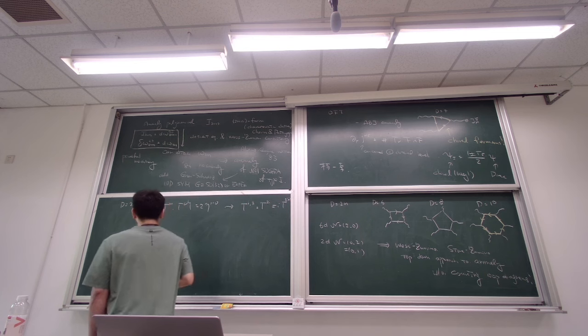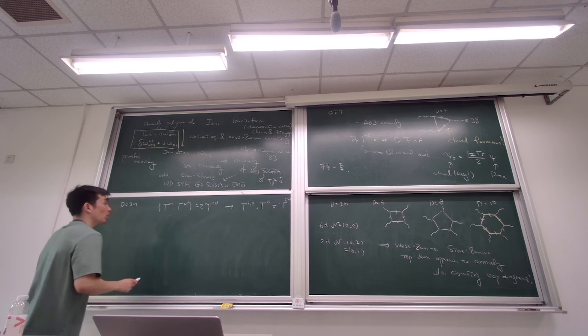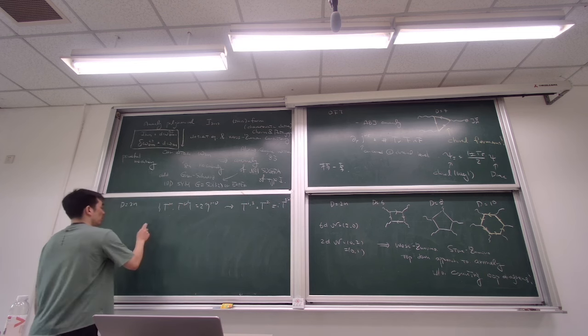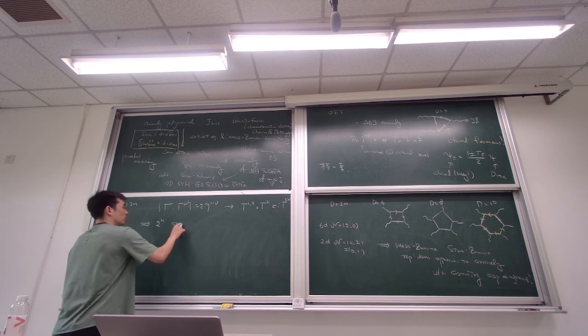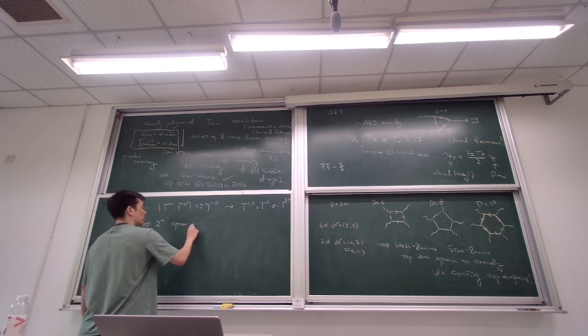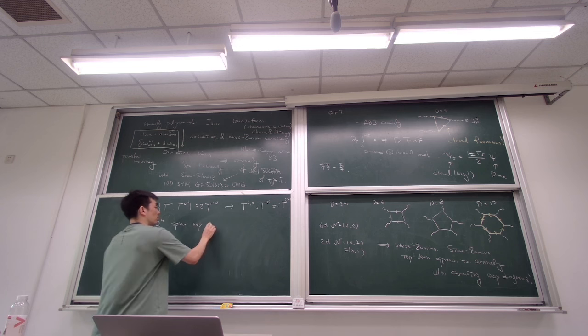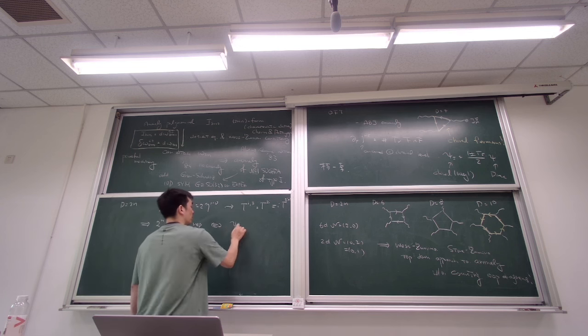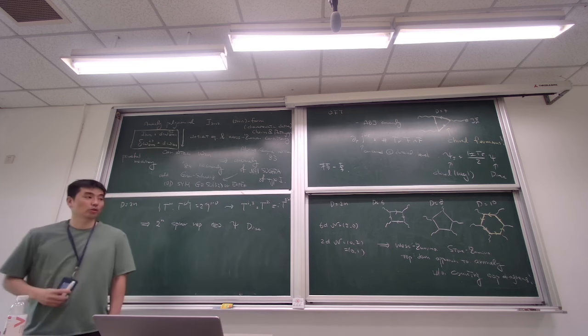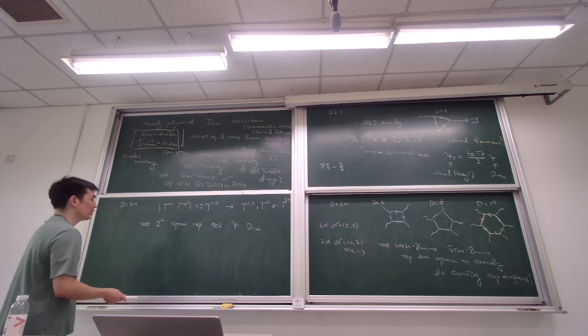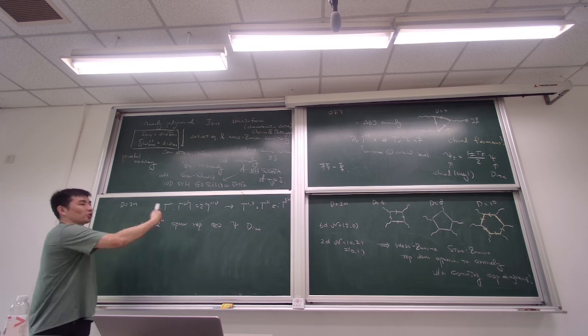That will create creation and annihilation operators. And from here, you have a 2 to the n spinor representation, which corresponds to the Dirac fermion.